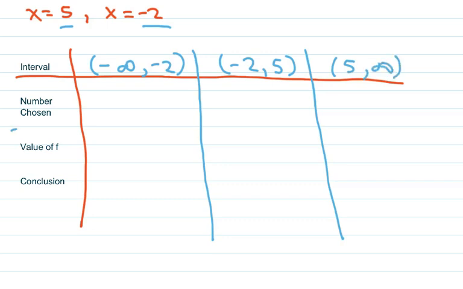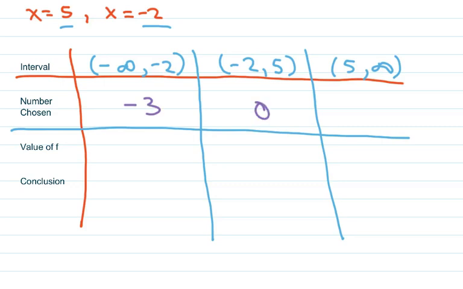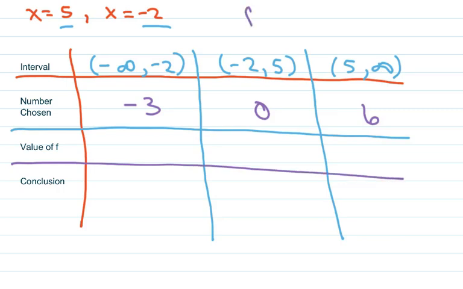And I'm going to choose numbers within these intervals. So the numbers I'm going to choose are negative 3, 0, and 6. And I'm going to plug it into my f(x) = (x - 5)(x + 2) and evaluate.